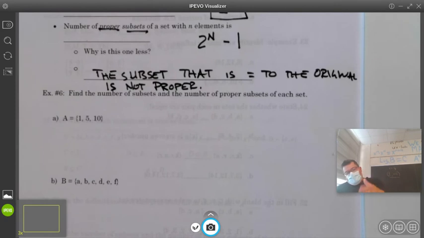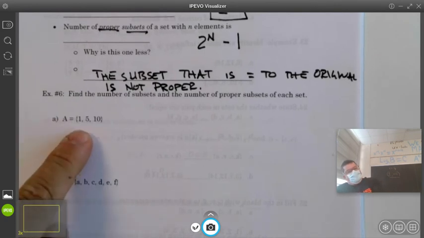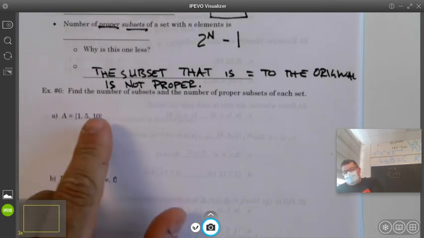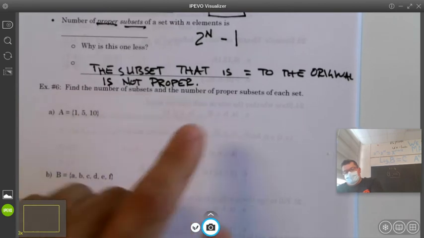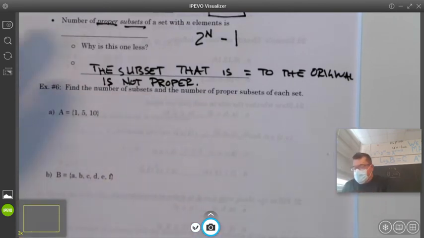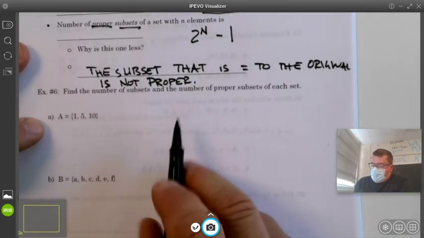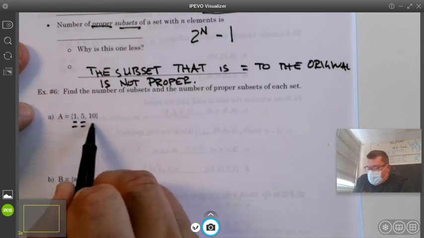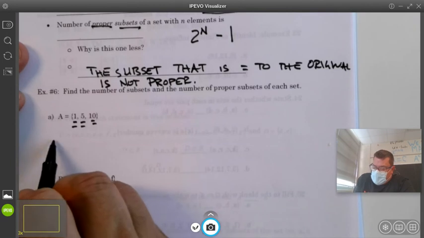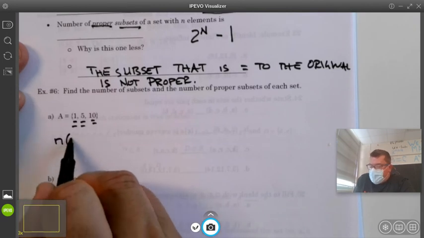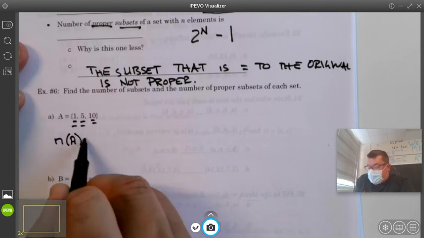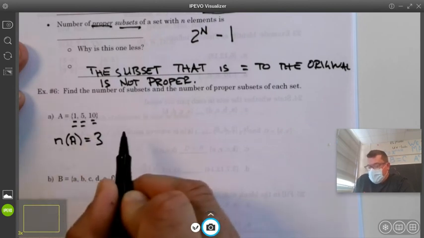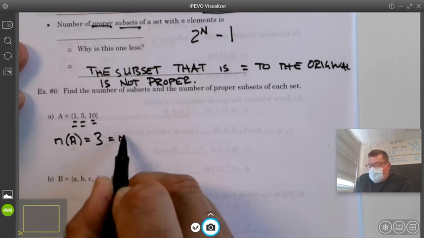And so now, we're not trying to list all of the subsets. We just want to know the number of subsets that we can have, the number of proper and the number of regular. So this has, count the elements, 3. The cardinality, or the number of elements that A contains, is 3. That's n.